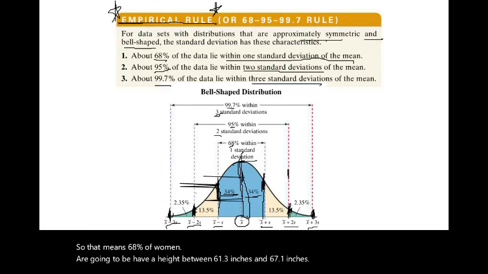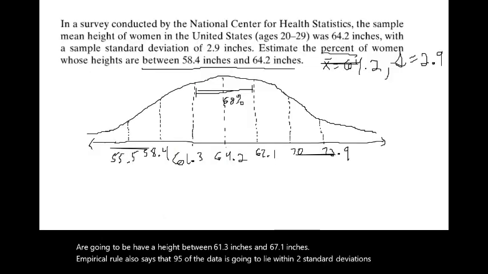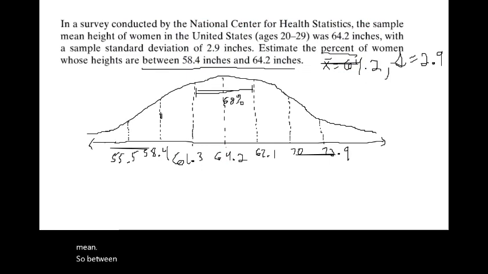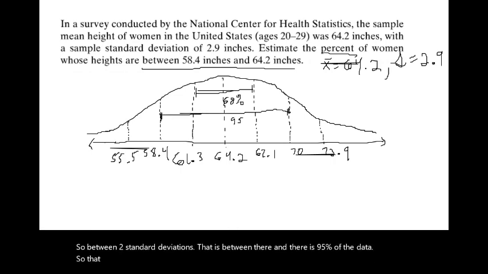Empirical rule also says that 95% of the data is going to lie within 2 standard deviations of the mean. So between 2 standard deviations, that is between there and there, is 95% of the data. So that means that 95% of the women in this sample had a height between 58.4 inches and 70 inches.